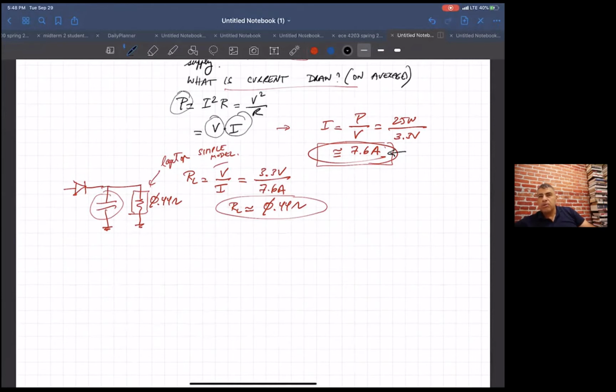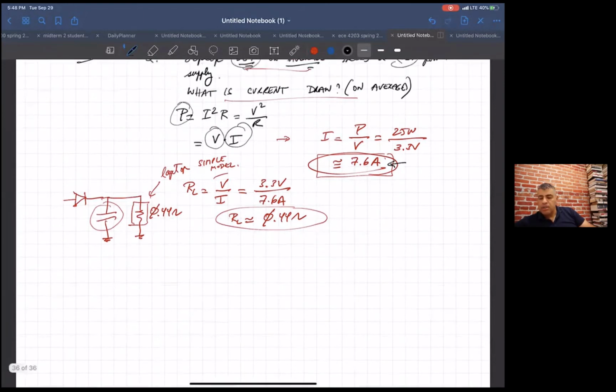But for microelectronics, I think that is all I can say is a low value resistor, especially if you have this much voltage across it. So like 25 watts.